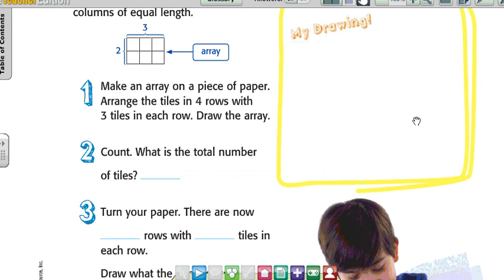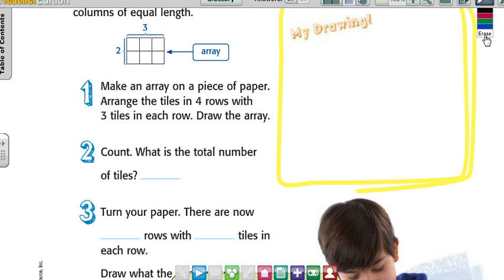Let's make an array together. It says make an array on a piece of paper, arrange the tiles in 4 rows. Okay, so I need to have 4 rows. 1, 2, 3, 4. Okay, and 3 tiles in each row.